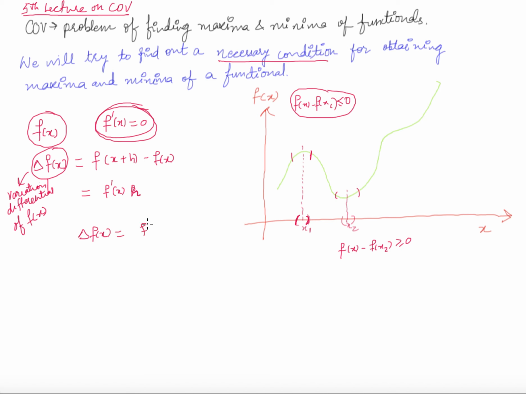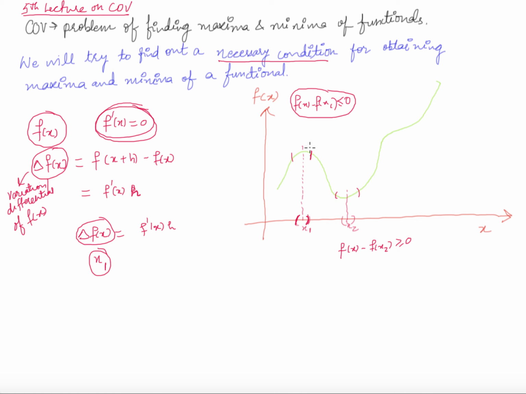Let me tell you how this condition arrives, that f dash x is equal to 0 at the point of maxima. Suppose we have this point x1 as a point of maxima. So I know that there exists some neighborhood where this variation has to be negative.